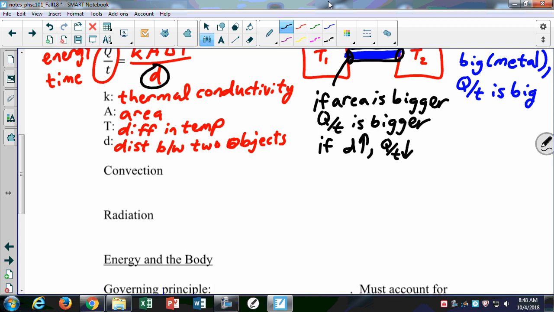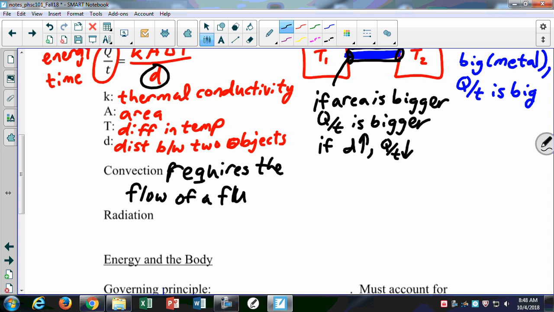And just two quick definitions here. Convection requires the flow of a fluid. And radiation is the transfer of energy by light waves.